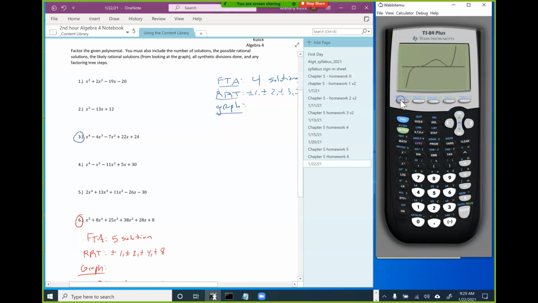So let's do that. I have x to the 4th minus 4x to the 3rd minus 7x squared plus 22x plus 24.